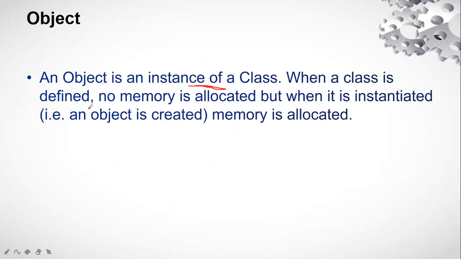When a class is defined, no memory is allocated, but when it is instantiated, that is, an object is created, memory is allocated. So as soon as we create an object, the memory gets allocated, right? So an object is nothing but an instance of a class.